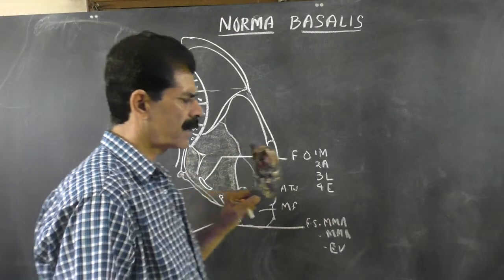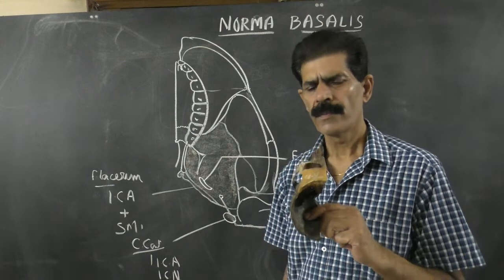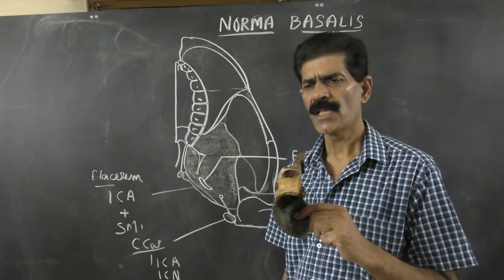The internal carotid nerve is the continuation of the upper part of the cervical sympathetic chain.